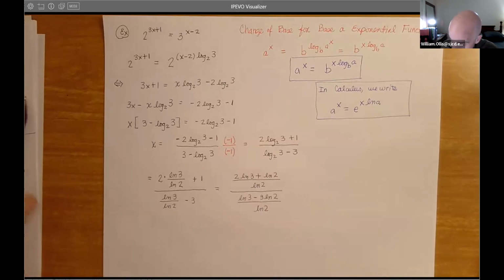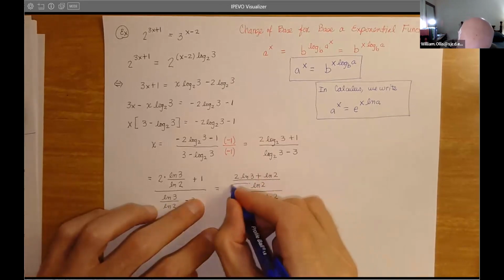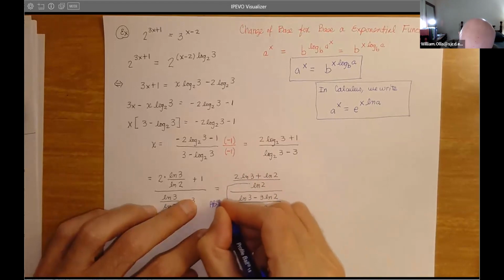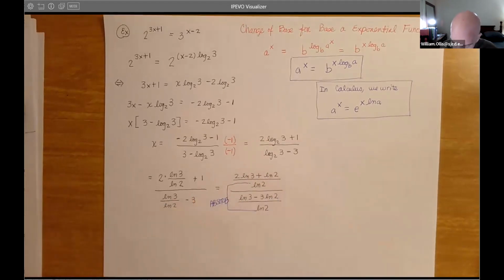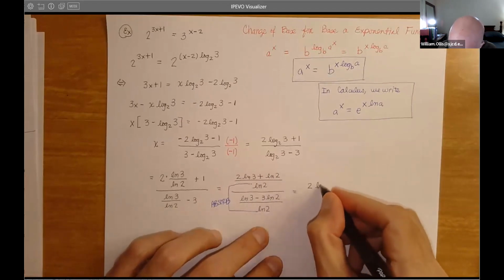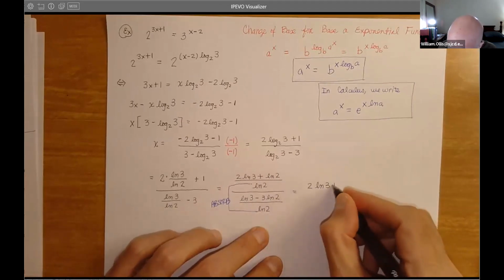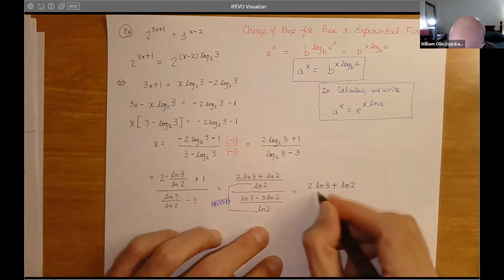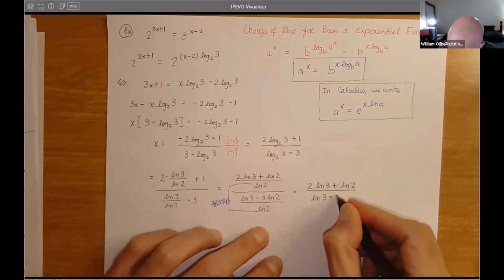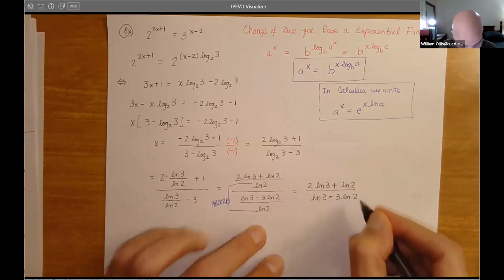Now, of course, when we invert and multiply, these guys absorb. And so this leaves us with 2 ln 3 plus ln 2 divided by ln 3 minus 3 ln 2.